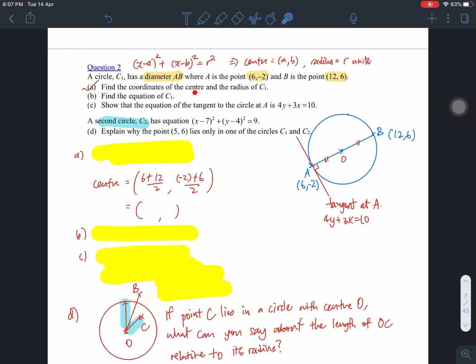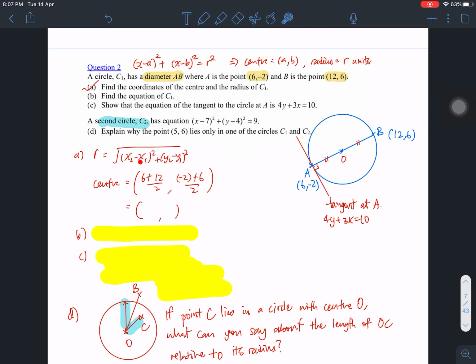Next, how do I find the radius? Okay, so if I know AB is the diameter, the radius would simply be half of the diameter, isn't it? Right? So do I know the length of AB? We do not know, but we know the coordinates of A and B. And that enables us to apply the distance formula we have learnt in E-math to do that for us.